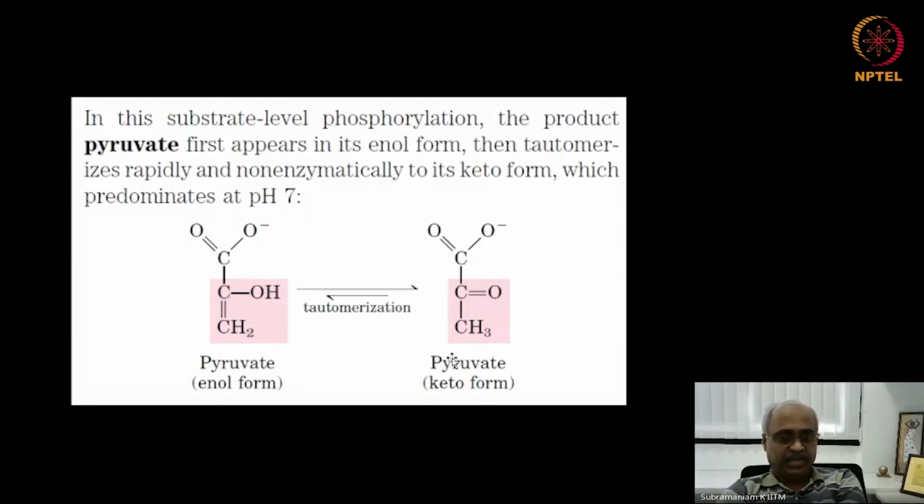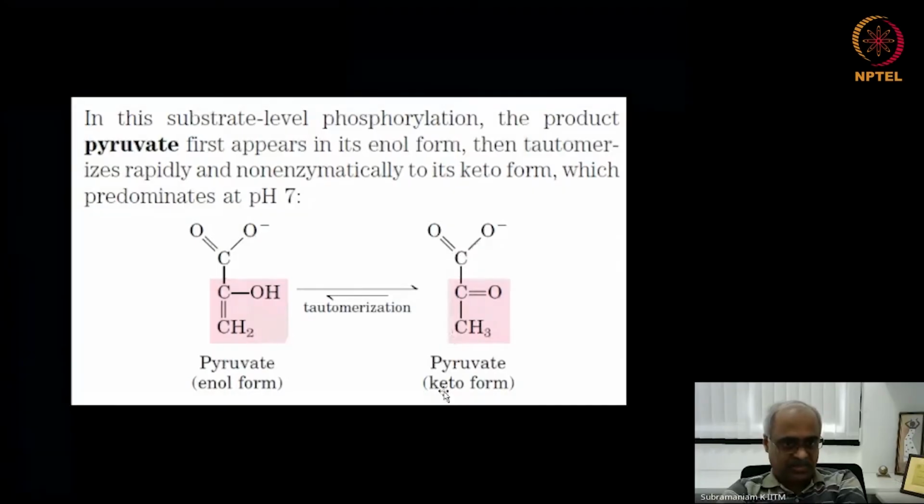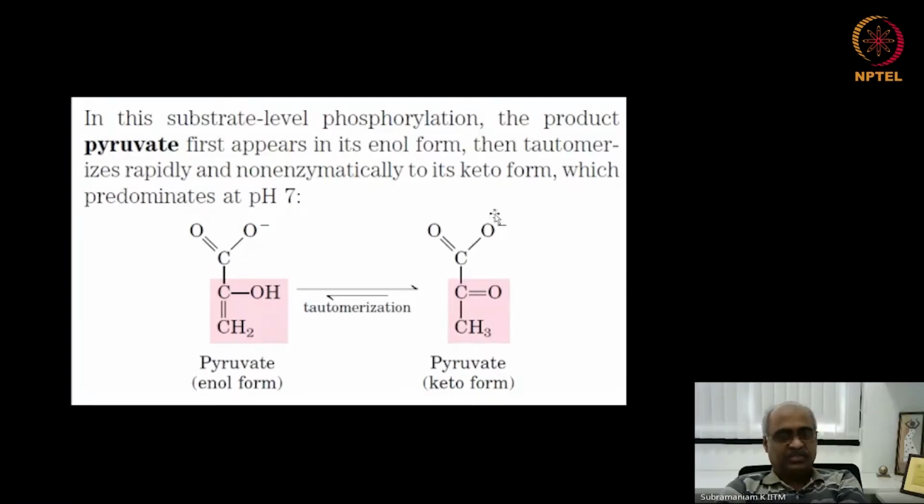And this kind of acid is called an alpha keto acid. In the old convention, this is alpha, beta, and so on. As per IUPAC, this will be 1, 2, 3. So you can call it 2-keto or alpha keto acid. Okay, so this is how the pyruvate is produced.